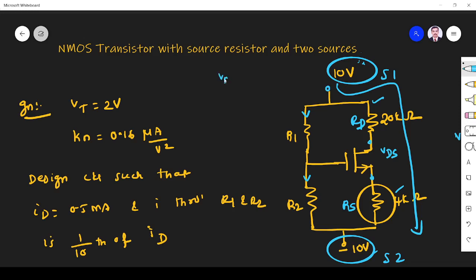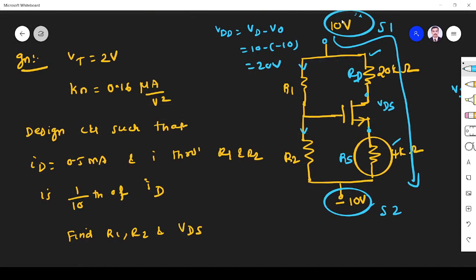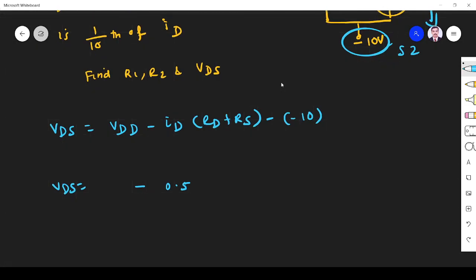VDD means here some VD minus V0, but here 0 is not at 0, it is at minus 10. So 10 minus minus 10 is 20 volt. That is very important. So originally VDD is 20 volt. With respect to ground only it is 10 volt. Please understand this. But here ground is at minus 10, not at 0. If it is with respect to 0, it is 10 volt. If it is with respect to minus 10, it is 20 volt. So what you have to put is here it is 20 volt.